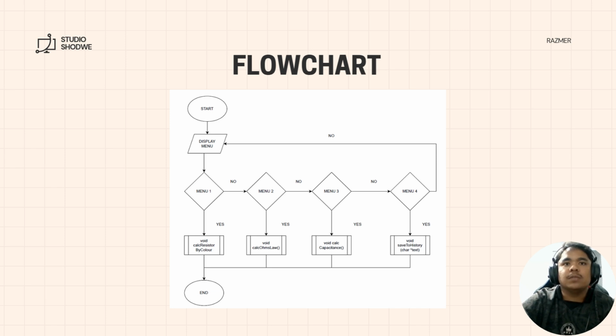If none of these options are selected, the menu will display again. After completing any of the chosen functions, the program will end. This flowchart helps organize the program so that the user can easily access different calculator features in a structured way.